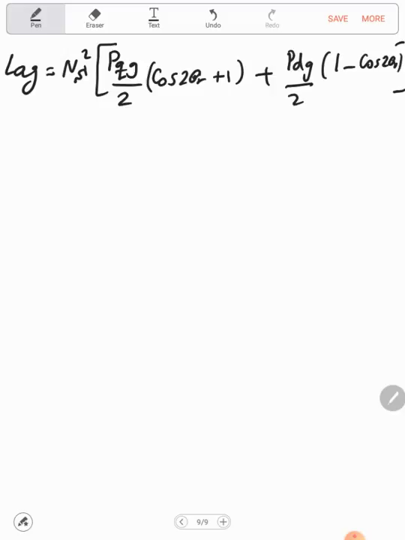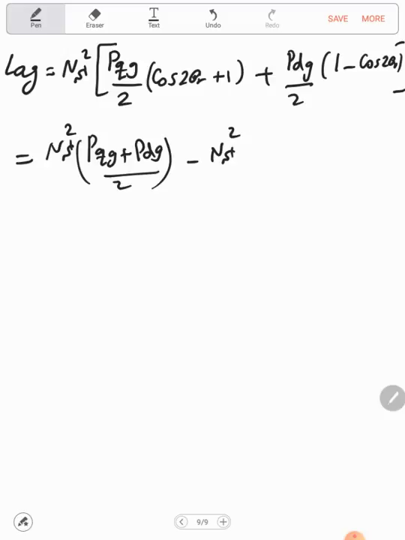So collecting the terms, we are getting this will equal to NS square PQG plus PDG over 2, minus NS squared PDG minus PQG over 2 multiplied by cosine 2 theta r.